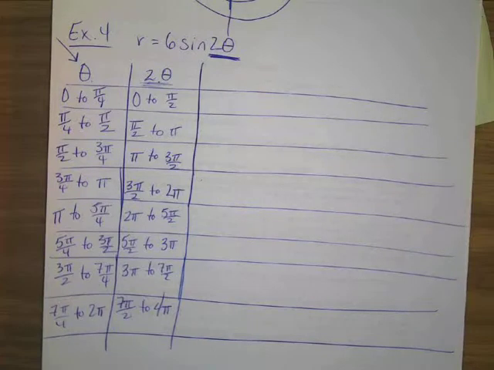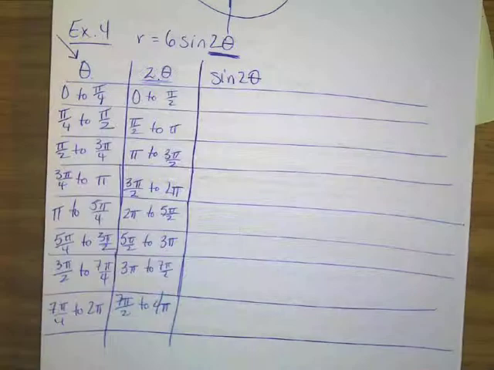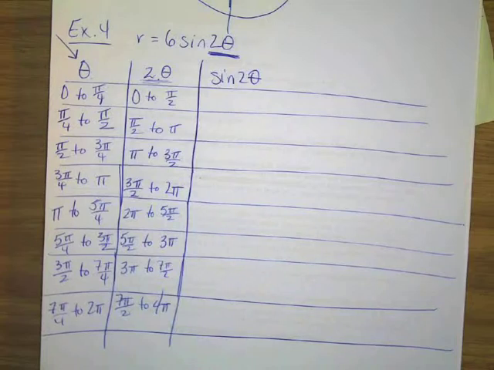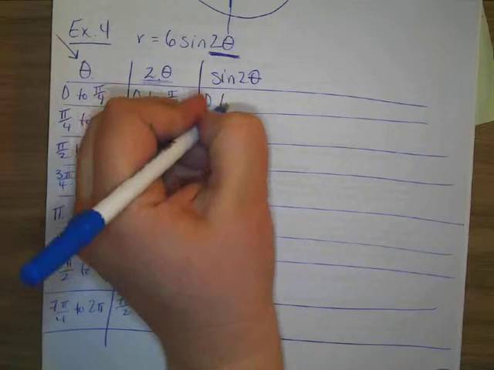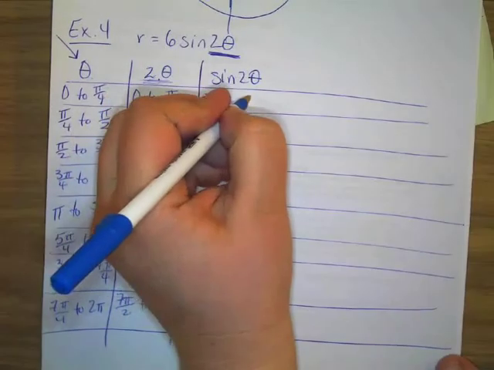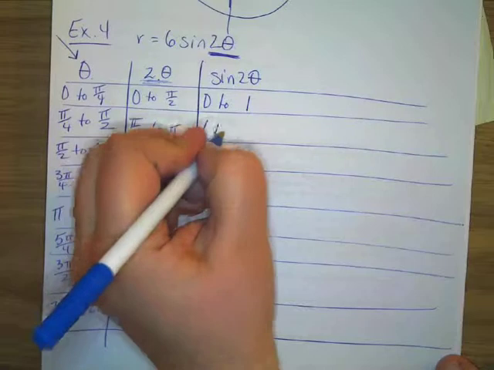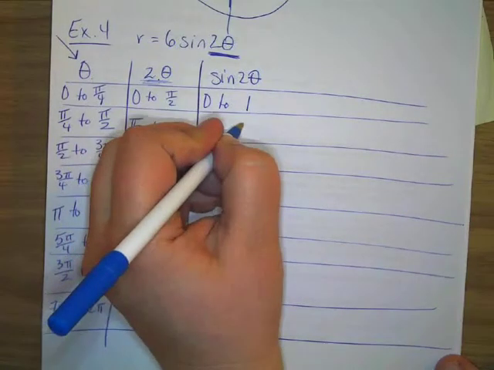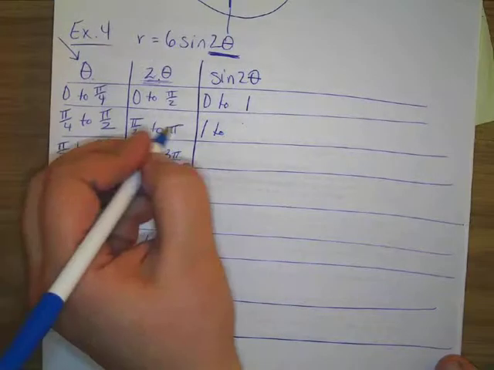So now let's do our quadrantals. Now we're looking at the sine of 2 theta. So what's the sine at 0? 0. And at pi over 2? 1. And then it's going to go 1 to... At pi, it's at 0.